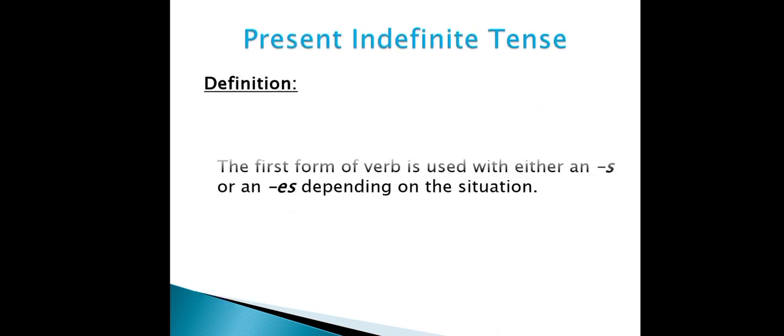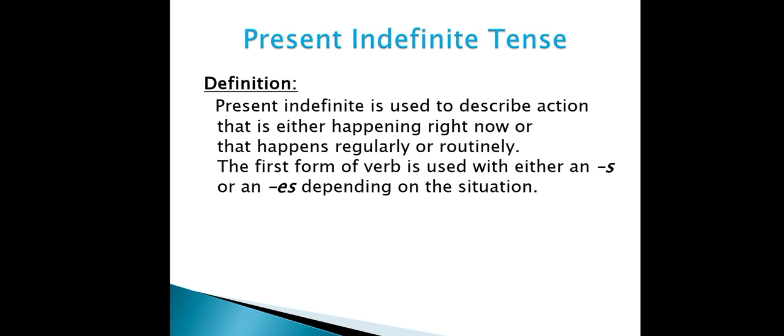Present indefinite tense. It is used to describe an action that is either happening right now or that happens regularly or routinely. The first form of the verb is used in the present indefinite tense with an s or es depending upon the situation.